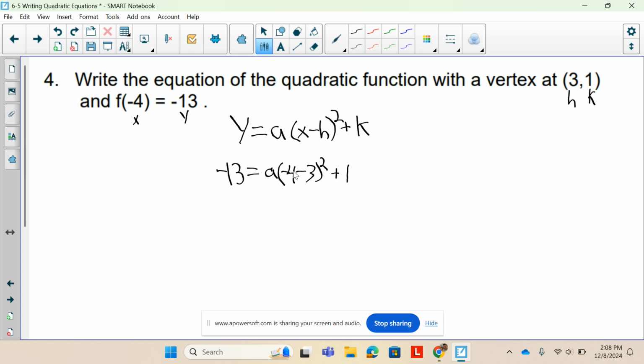So -4 minus 3 gives me a -7 squared, and that's going to be times a. So I get 49a plus 1 equals the negative 13.